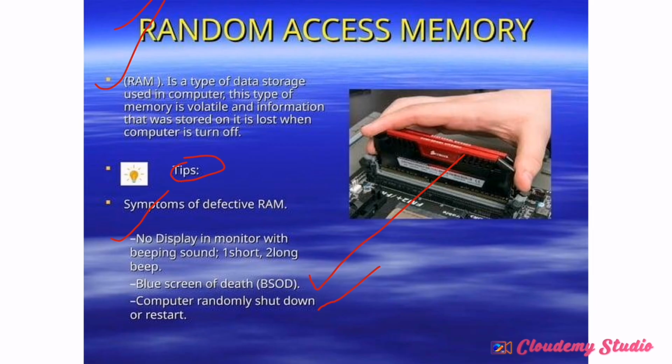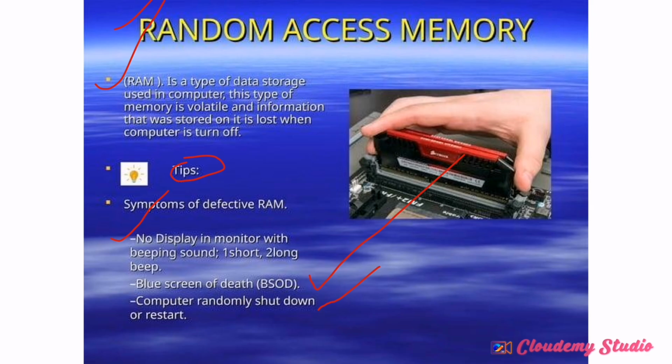For instance, for a laptop, it must be 19.5 volts, depending on the make of the computer or laptop. Maybe the connection from the power is also loose and the computer can be going on and off. But in a situation where it's randomly shutting down or restarting, then the problem is with the RAM. So take note of this.